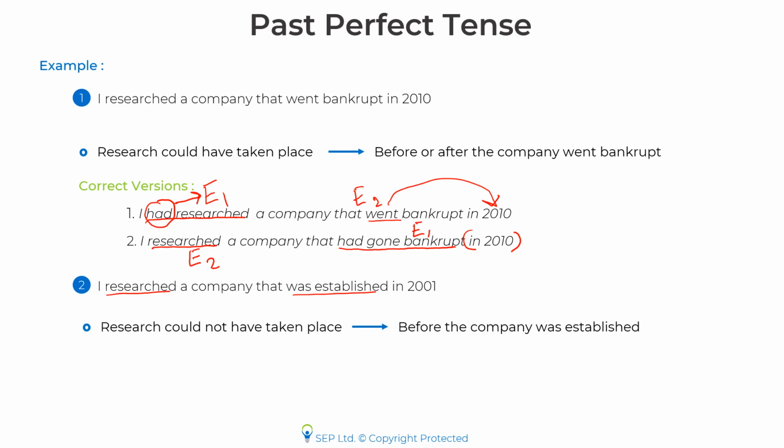So the context itself is telling me that the establishing must have taken place first. This is event 1 and this is event 2, the research. Therefore, this sentence is correct as is.